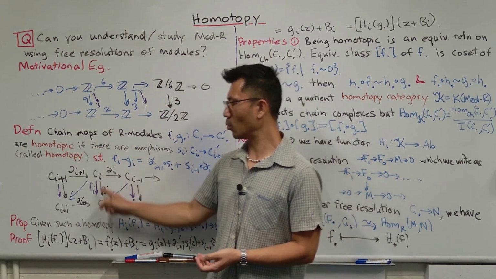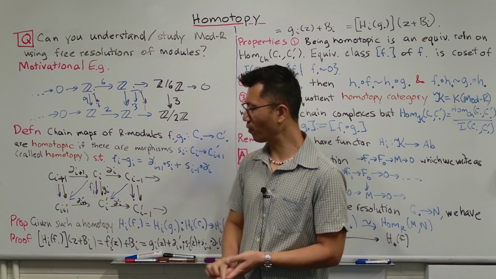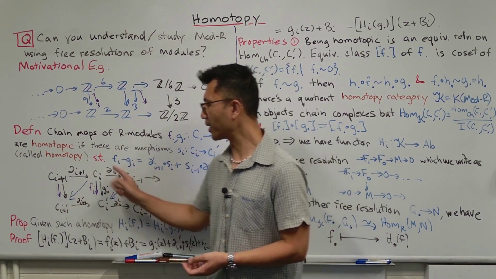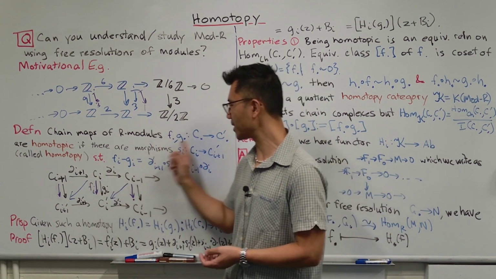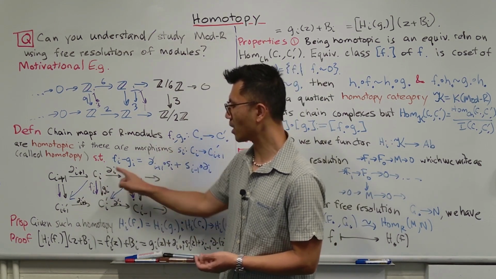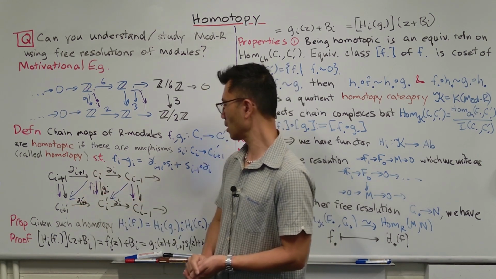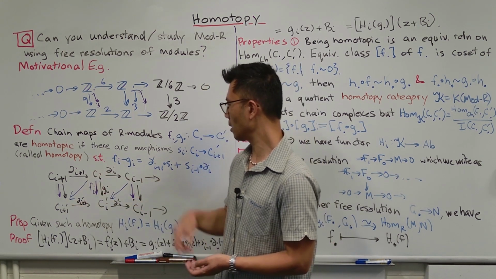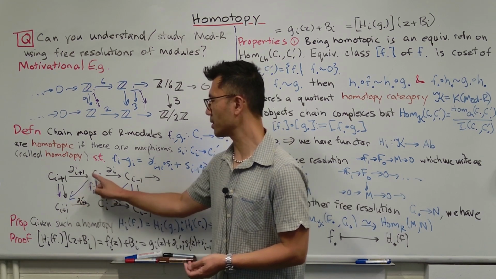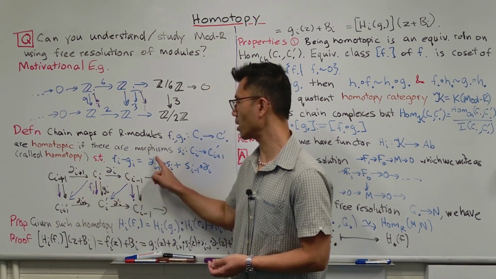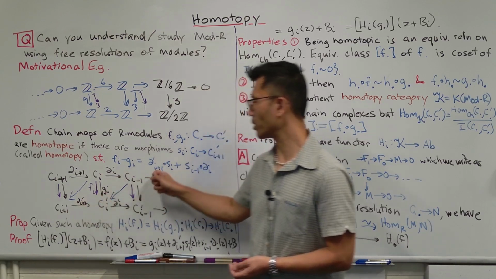And what we basically want to say is that the difference is of the form where there exist these diagonally backwards maps s_i, such that the difference is equal to the sum of going around this way and going around this way. So going around this way, this is s_i, and this is the boundary here, the prime boundary at degree i+1.